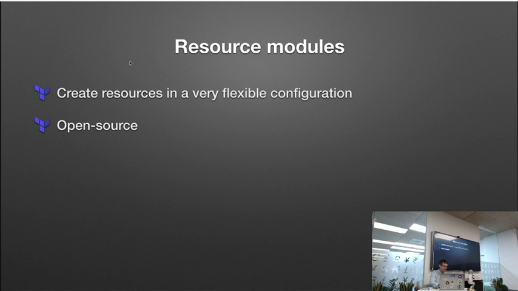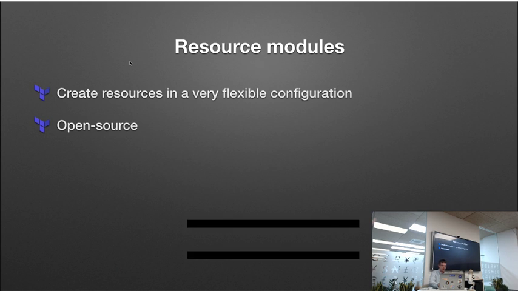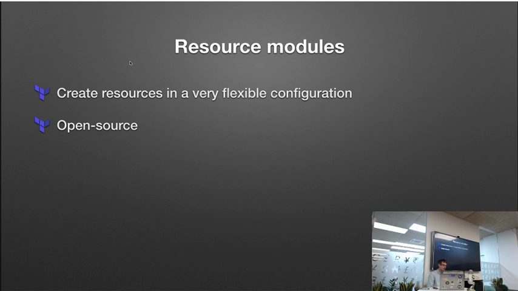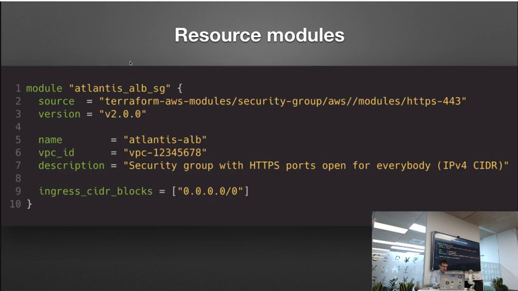And they have no restrictions. They don't have to be tied to your company in any way. So that's why all of them can be open source with very good reason. So as an example, a resource module can be an application load balancer or security group.